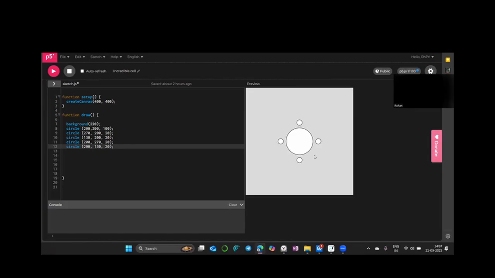Using this approach is going to be difficult. For this, there is a much more efficient way, and that is by using trigonometry. So how to do that? I'll go back to the sketch and then go to the theory of it.